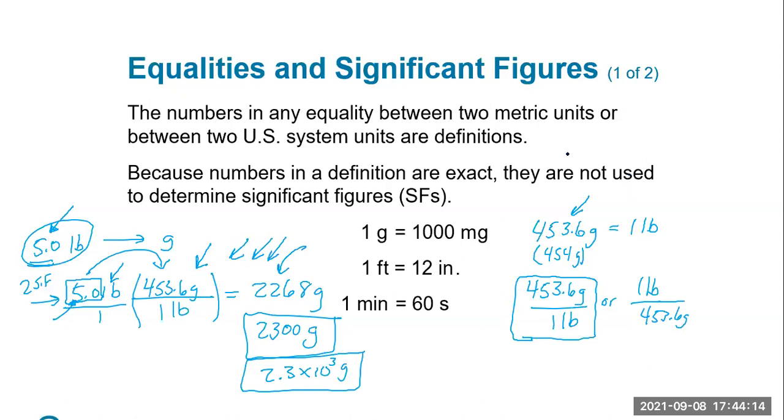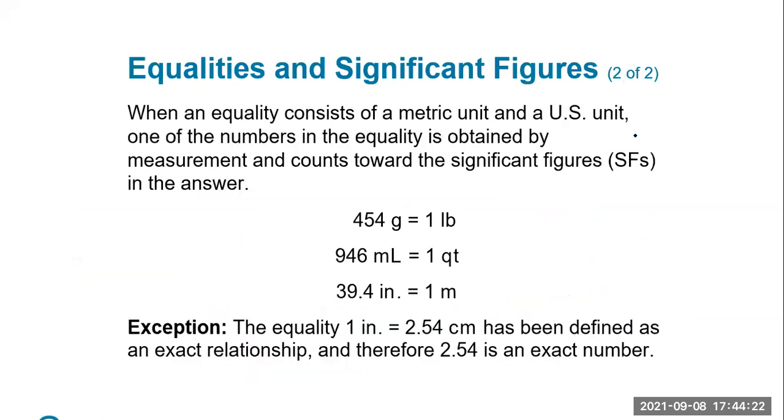So here again are some other equalities and stuff like that. And again, from any of those things, we can write some conversion factors. Now, this is what I was saying a second ago. Here we do have equalities and significant figures, and this is really the right way to do it when we are going from a US unit to a metric unit.